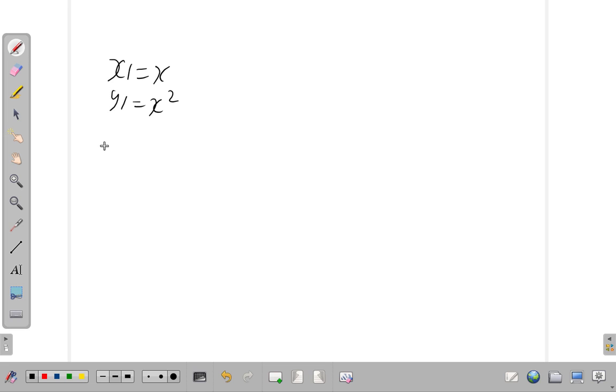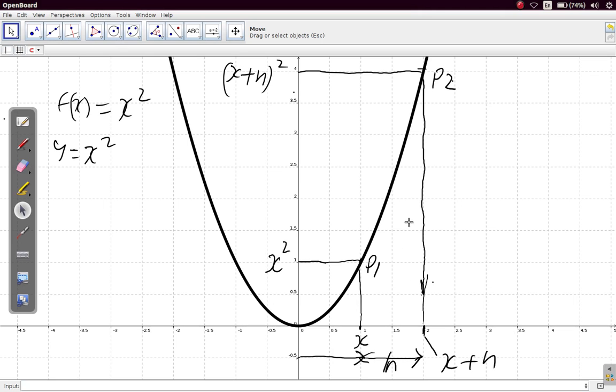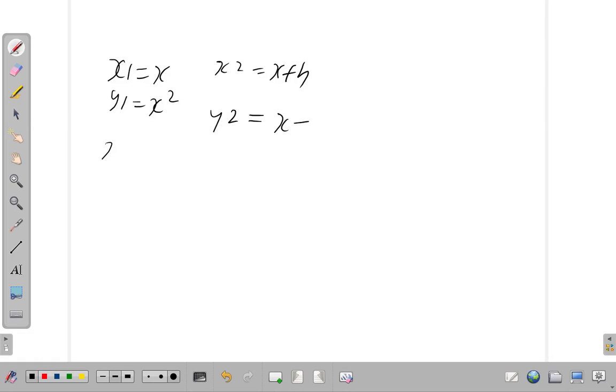So we have x2 equals x plus h. And what is y2? y2 would be x plus h all squared. You see that? So y2 is x plus h all squared.